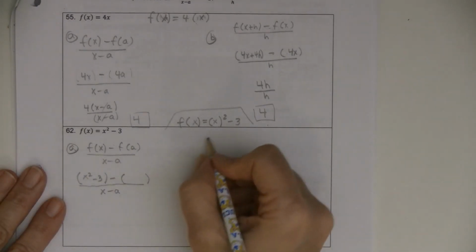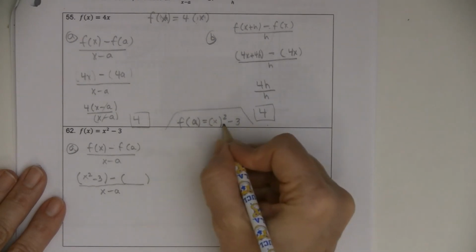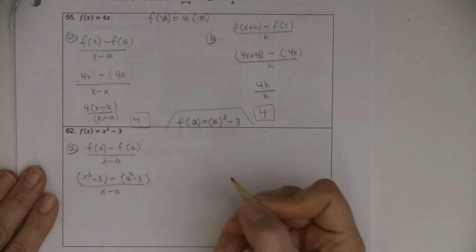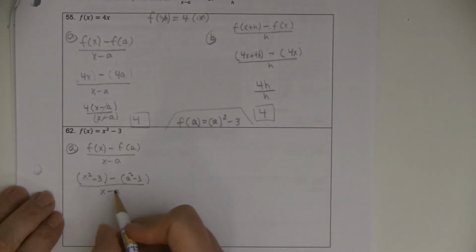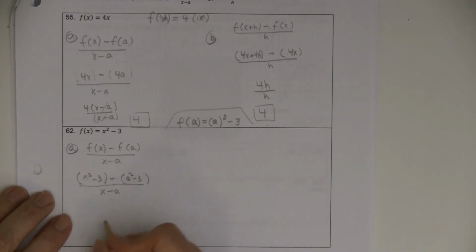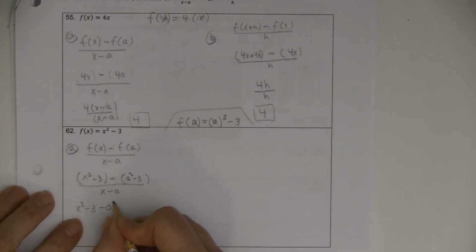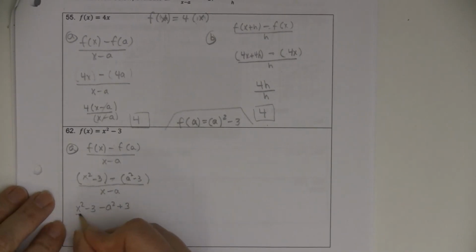And then I'm going to put in a. And I get a squared minus 3. And now these parentheses were really necessary because I need to distribute that negative. So this is going to be x squared minus 3. A negative times a positive is a negative a squared. A negative times a negative is a positive 3, all divided by x minus a.